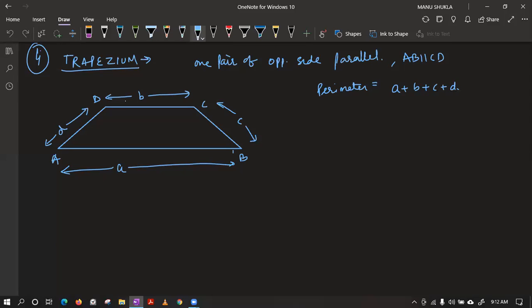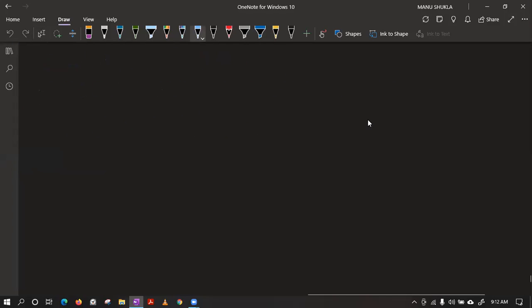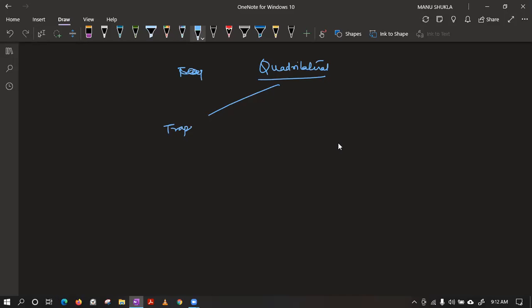I hope this is coming to everyone's mind, that we can say the tree is like this. One second, let me draw it. So we have quadrilateral, then we have trapezium, we have kite.